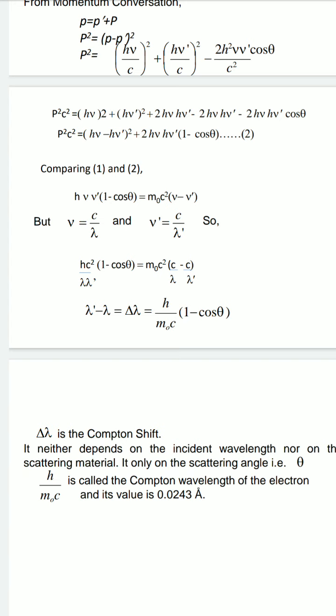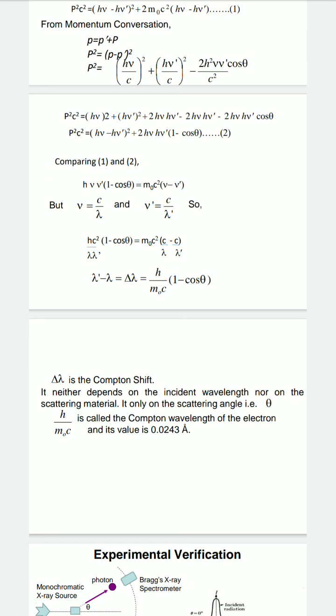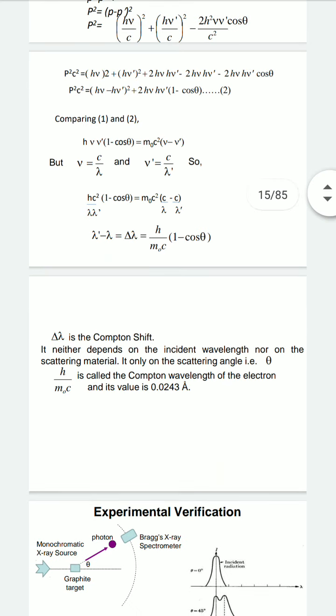It only depends on the scattering angle theta, the angle between the incident photon's direction and the scattered photon's direction. So theta is the only dependent term. H by m0 c is the constant, called the Compton wavelength of the electron, and its value is 0.0243.